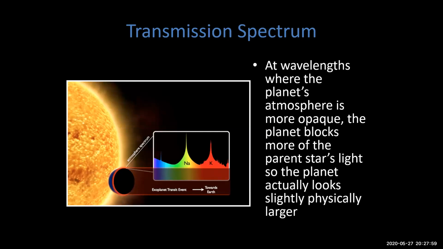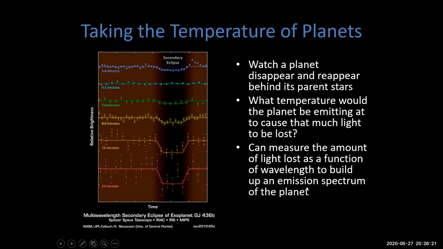At certain wavelengths, the planet's atmosphere is more opaque. It blocks the light more. And this tells us signatures in those atmospheres as well. What it blocks more effectively tells us more about the atmospheric evolution on this exoplanet as well.